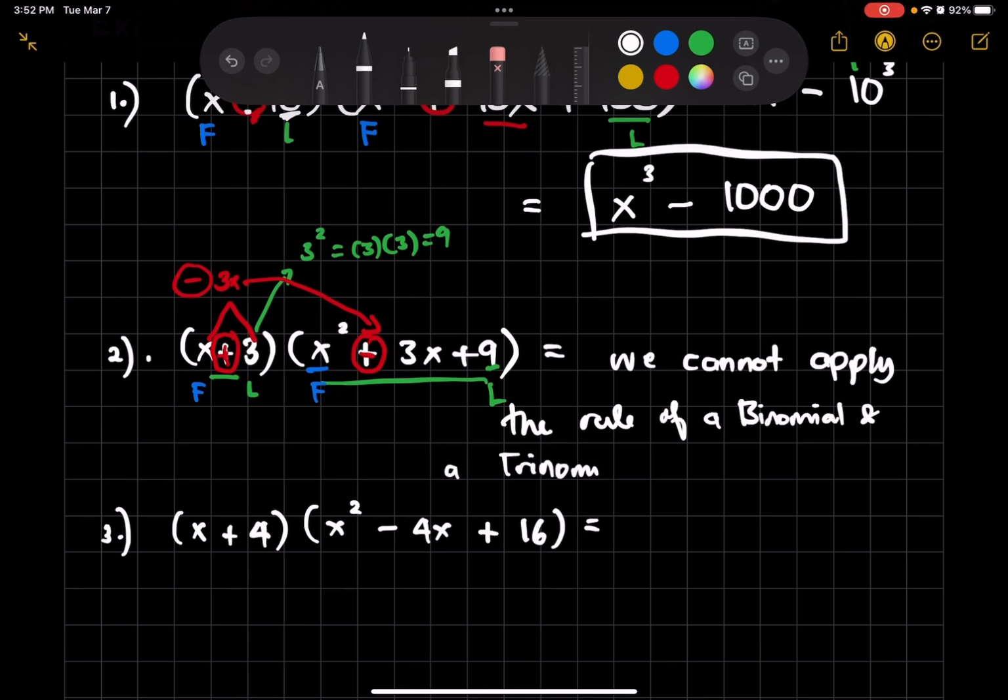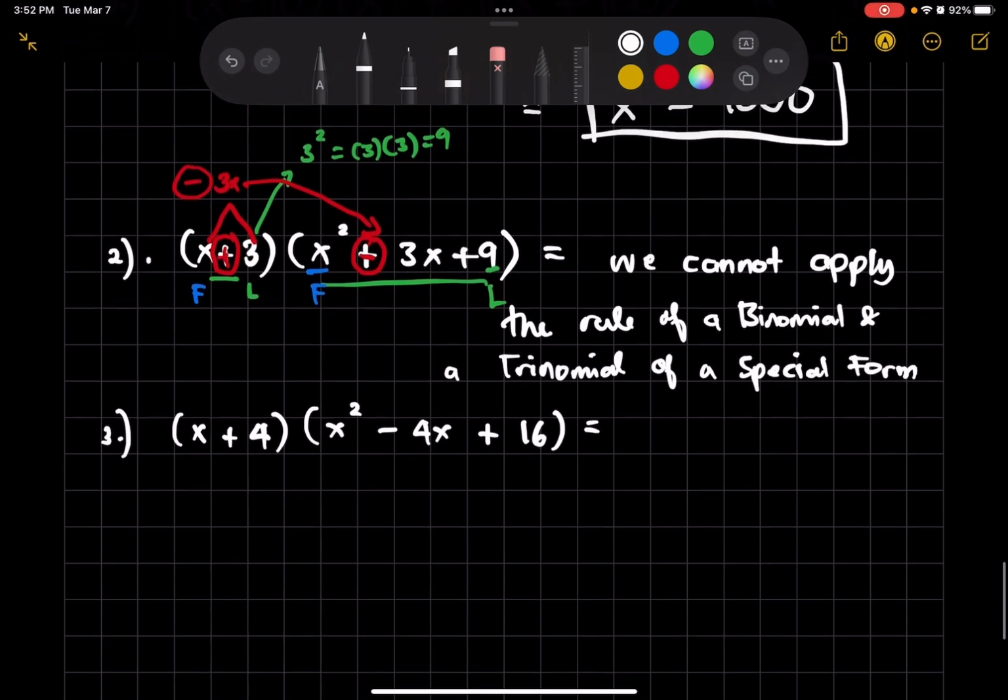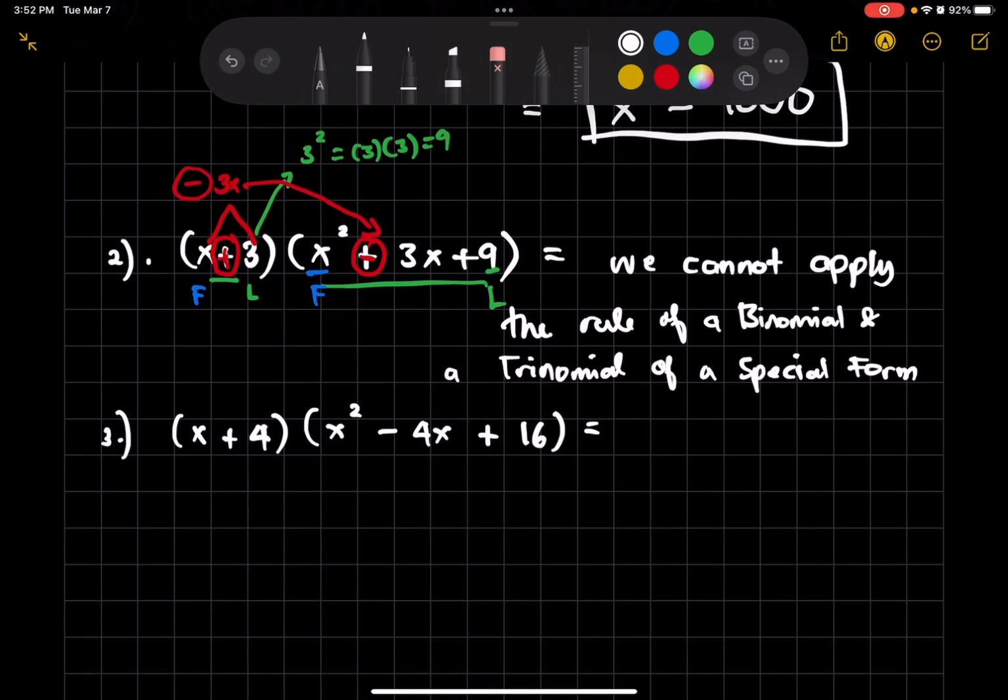Okay? So, let's have number 3. Can we apply the rule ng binomial and a trinomial of a special form? Let's check. So, dapat meron tayong binomial and a trinomial. Of course, meron tayo. So, check na siya dun sa first condition or first characteristic.